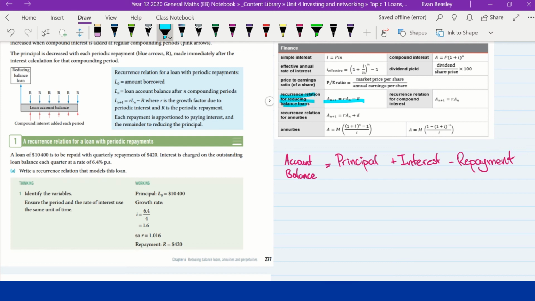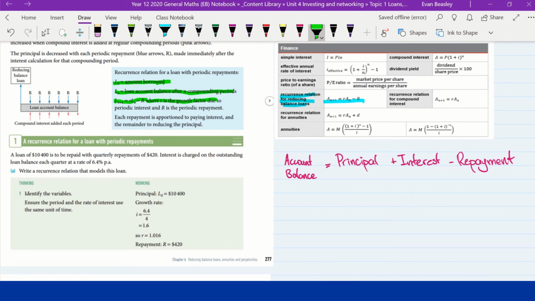We should look first at the initial borrowing, which would be my A0 in this case. In your textbook it will be described like this: L0 is the principal. The loan amount after a number of compounding periods, L N plus 1, equals the growth rate times the loan amount L N, minus the repayment.